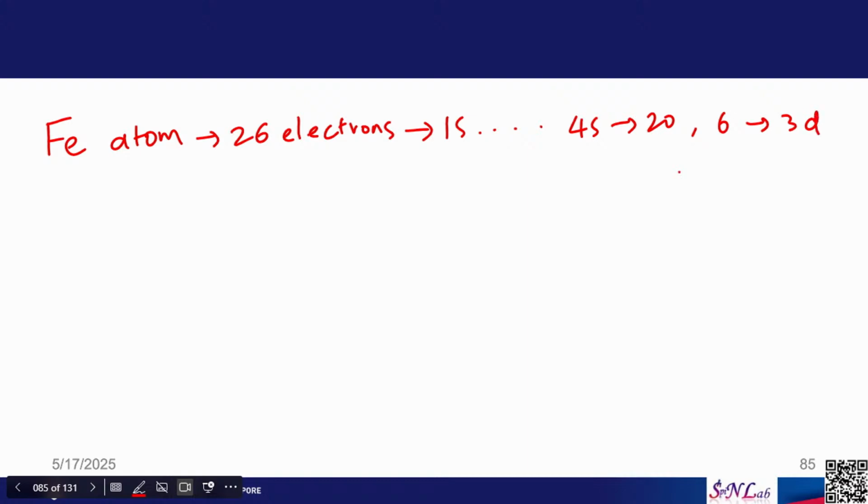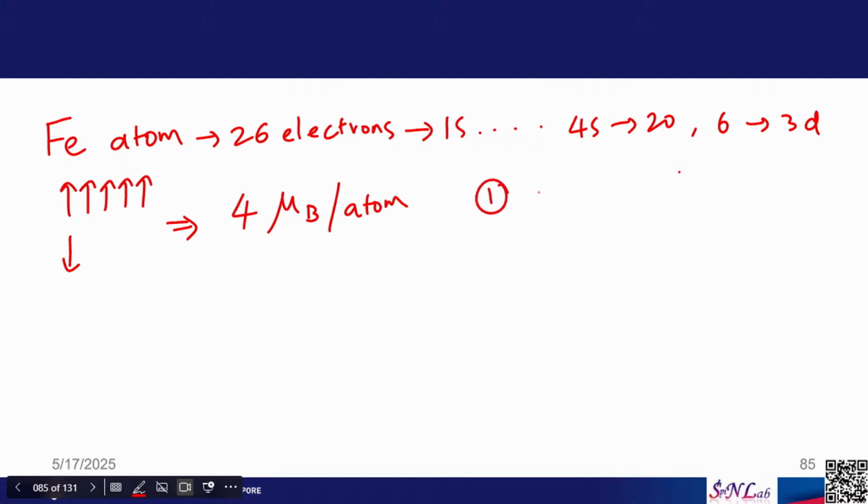Okay. So, we have 5 electrons with upspin and 1 electron with downspin. This gives rise to a net magnetic moment of 4 Bohr magneton per atom. Okay. So, first concept is the atomic magnetic moment.